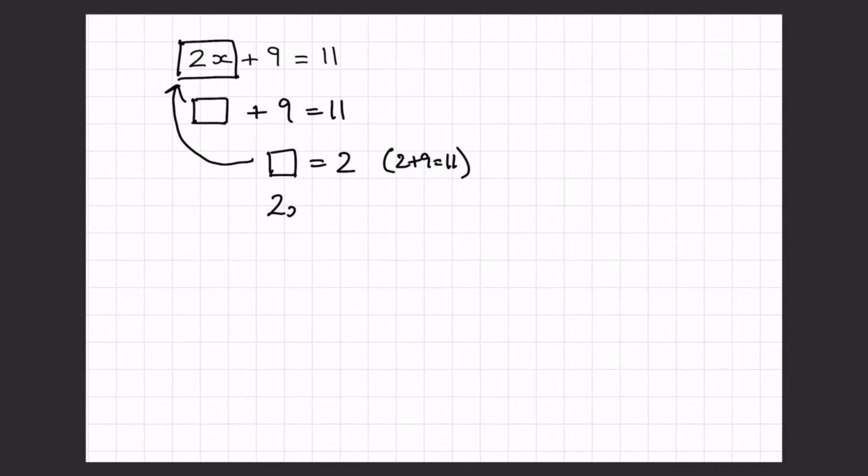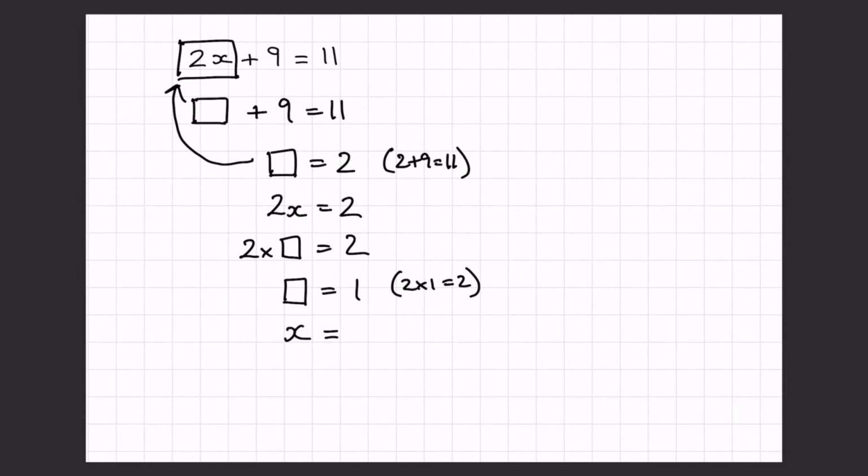We now have 2x is equal to 2. We've just been solving questions like this. Two lots of something is equal to 2. That something must equal 1, because 2 multiplied by 1 is equal to 2. So x must equal 1.